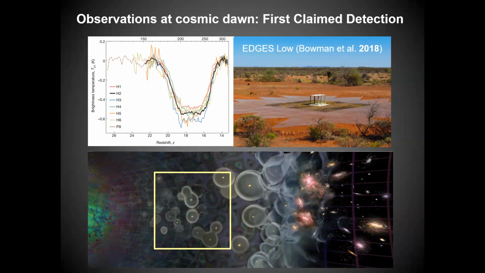So if it's cosmological, it means that the gas at those frequencies that they report here, so this corresponds to 78 megahertz. So they see this deep absorption, which would correspond to a very cold gas at redshift 18, so 78 megahertz frequency, that would correspond to formation of the very first stars.